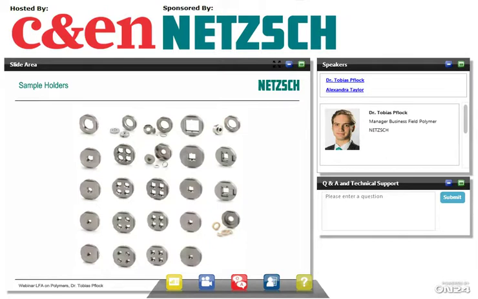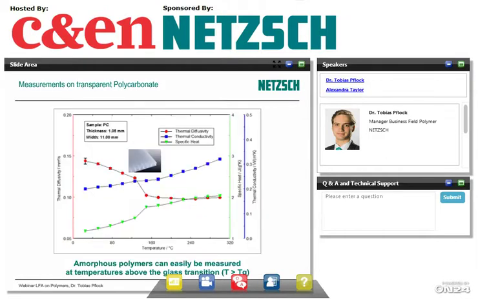So I would say it does not play a role, but there's just no other way to measure translucent samples. So for the example I showed you, that was the polycarbonate. You don't see the effect of the graphite in this picture here.